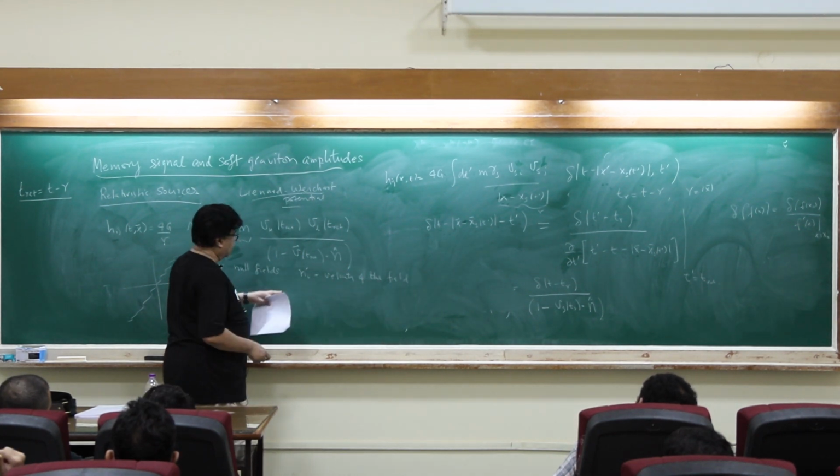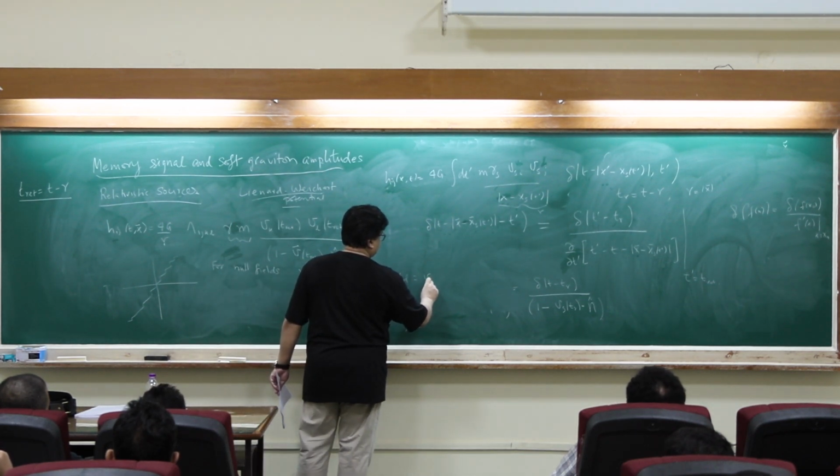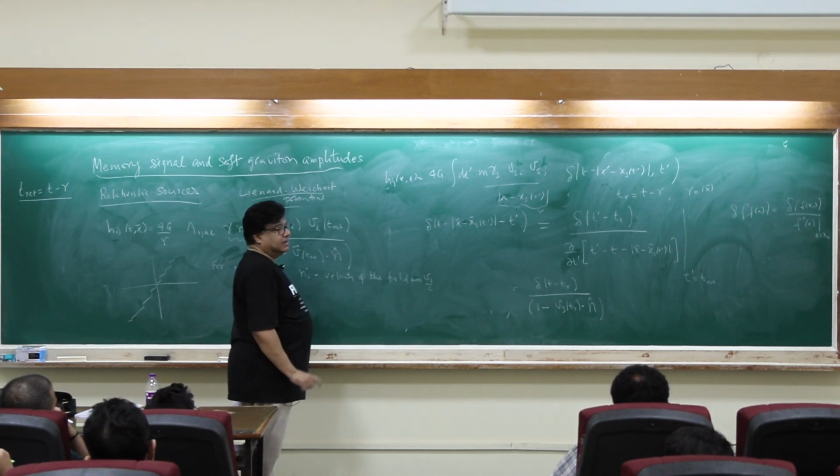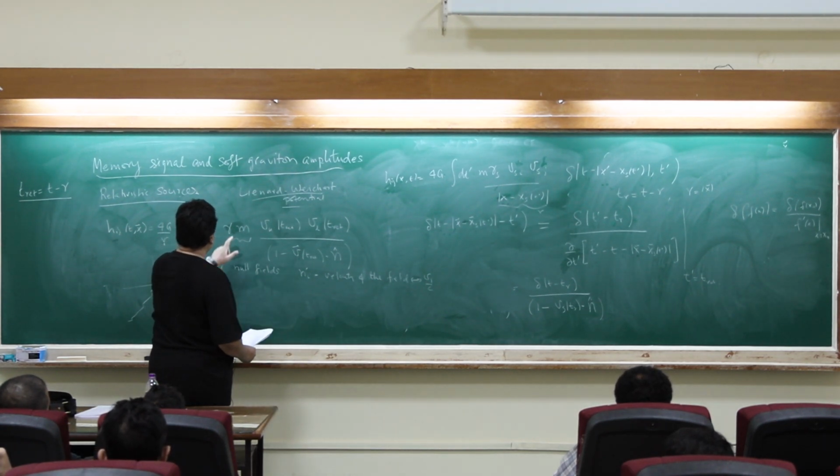So photon propagation is n^i, which is basically v^i by c. So it's only the direction. The velocities are only the directions, and this is the energy.